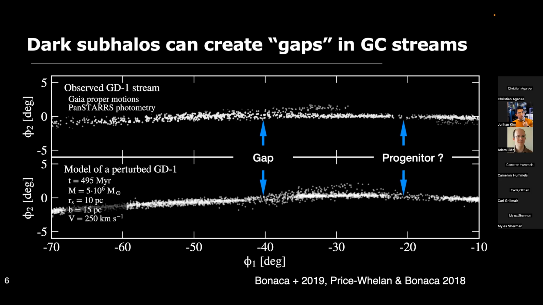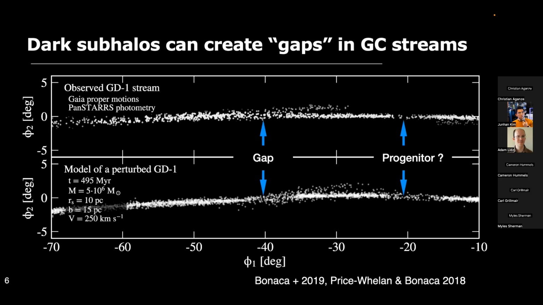The top panel here is an observed track of the stream, and the bottom panel is a reproduced simulation of the stream. Mostly in this paper, they were trying to reproduce the structure you see here, which is the gap. They were able to constrain that this probably happened around 500 million years ago, caused by a subhalo of 5 times 10 to the 6 solar masses.